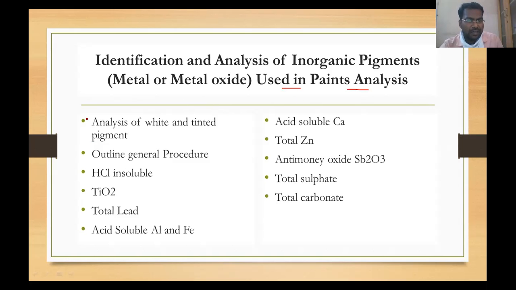यहाँ पे क्या होगा, the analysis of white and tinted pigment. जो white और tinted pigment है उसका analysis वहाँ पे important है. Then outline general procedure क्या है उस चीज का.